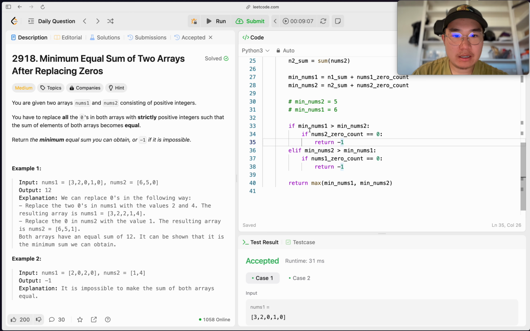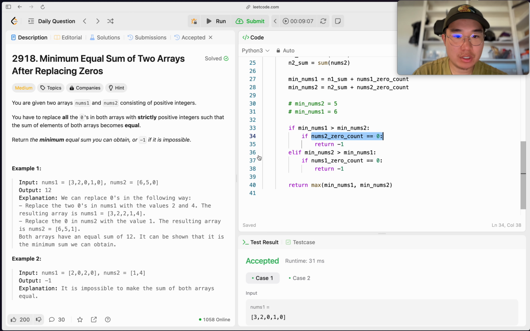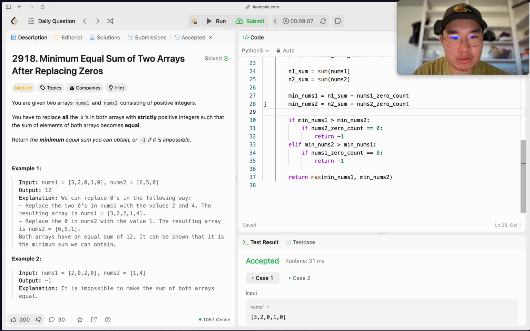That means we want nums2 to replace one of the zeros to become 1. But what if there's not enough zeros to do that? Which means nums2 zero count is 0, which in this case it is. Then it's not possible, so we return -1. And the same could be the other way around if this was a 6 and this was a 5. Not that bad of a problem.